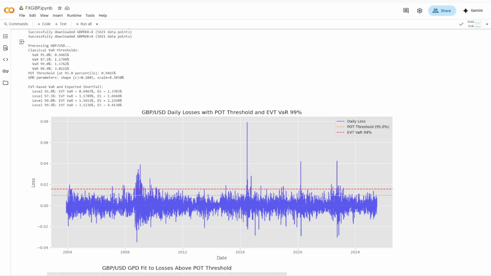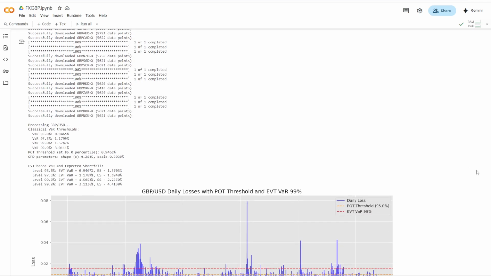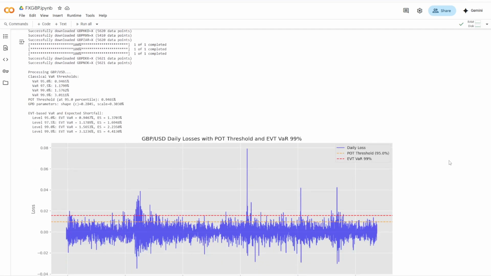And in terms of volatility, we want to know the VaR, the value at risk, and we want to know what to expect if we have very volatile business days or trading days.